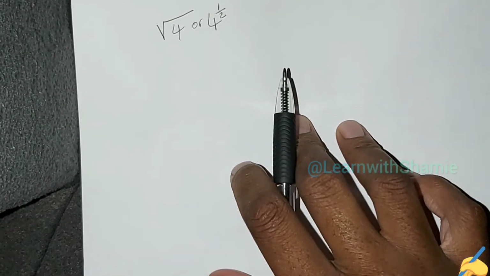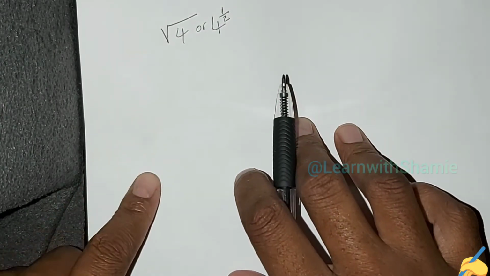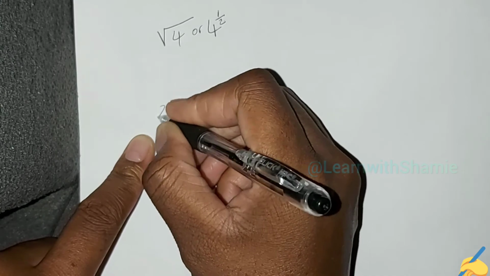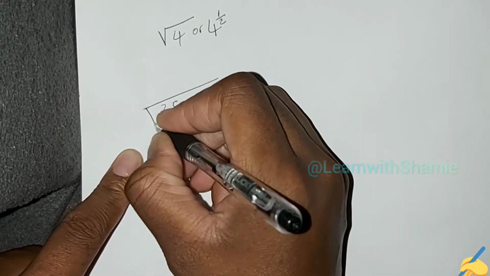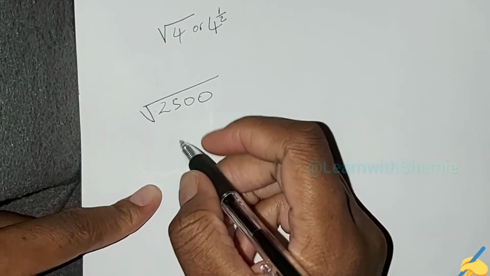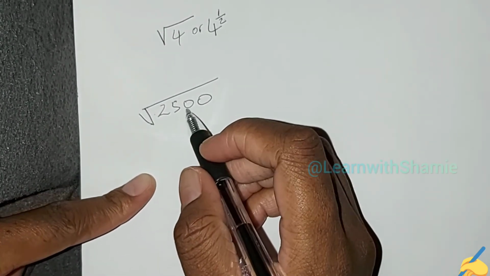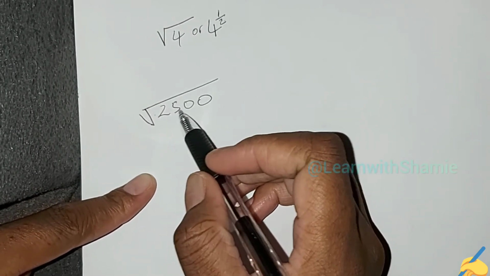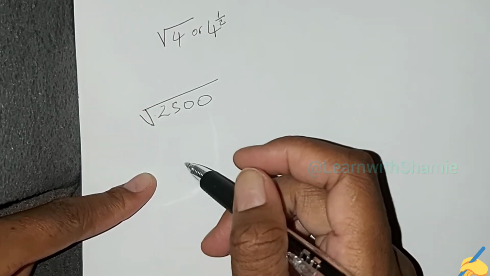Now, let's move on to simplifying square roots. So for example, you're asked to find the square root of, let's say, 2500. To find the square root of 2500, first you look if the number has a perfect square, and we do know that 25 is a perfect square because 5 times 5 is 25.